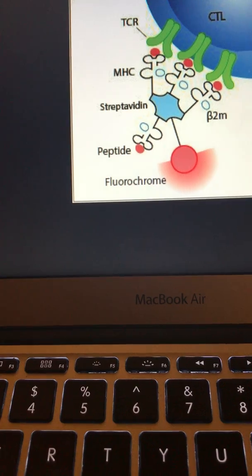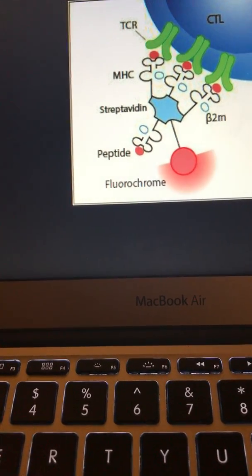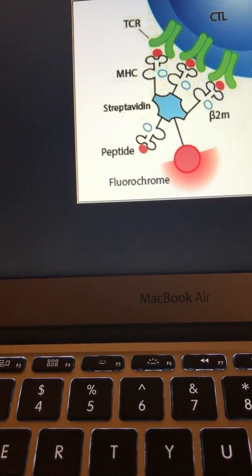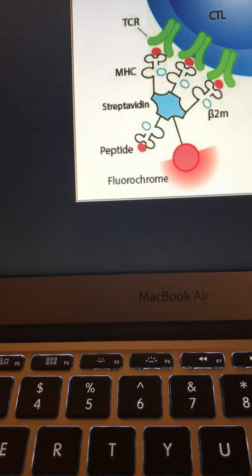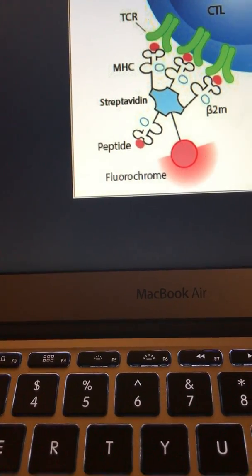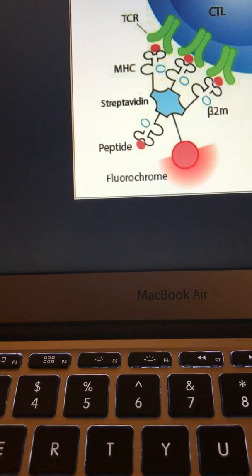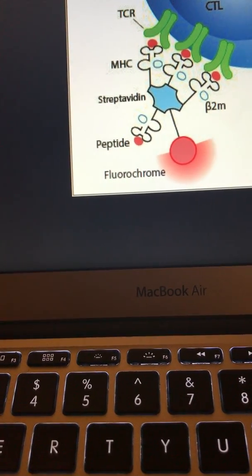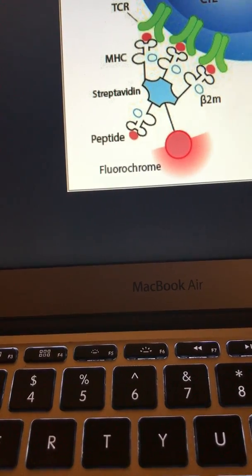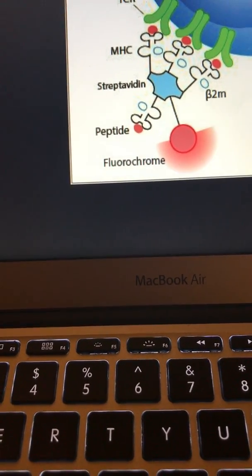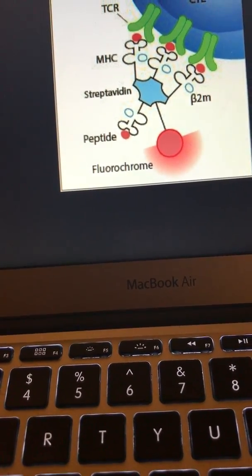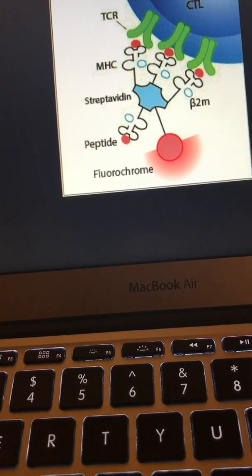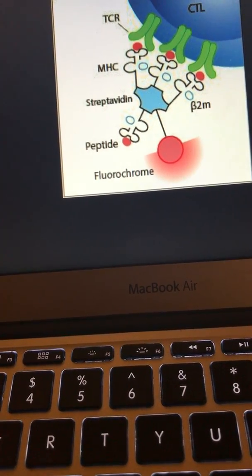The fluorophore gives a signal from the bound tetramers, and it indicates that the tetramers are bound to T cells of its specific peptide antigen. And what this signal results in is an indication of the existence of a cell-mediated response.